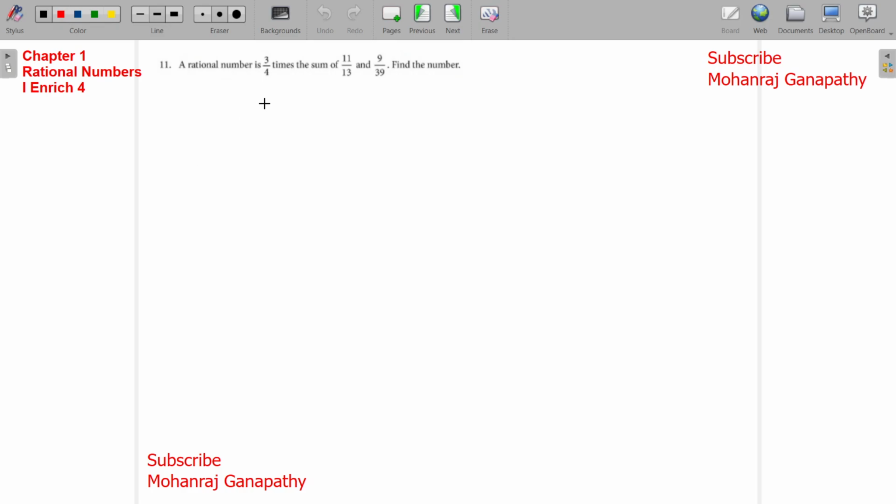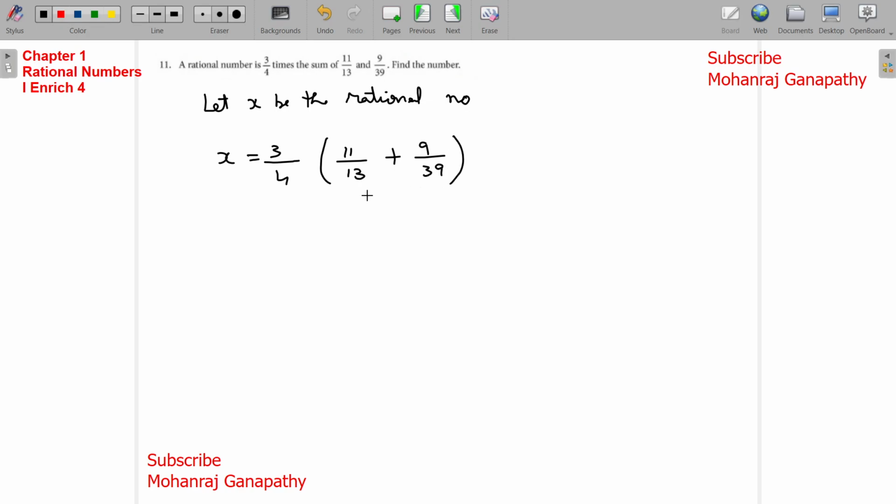11th sum. The rational number is 3 by 4 times the sum of. Let x be the rational number. Rational number is 3 by 4 times the sum of 11 by 13 and 9 by 39. Word problem is converted into mathematical problem here. 3 by 4 times means multiplication.